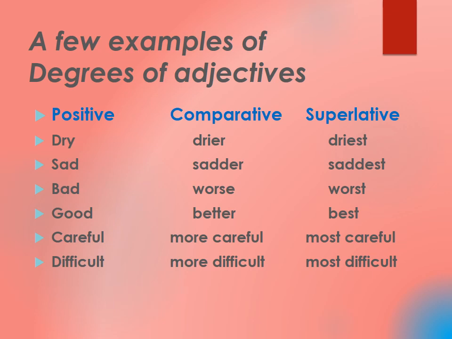Now you see a different pattern in the formation of degrees of comparison. Some degrees are made just by adding er or est at the end of the word. Some are made just by adding more and most, and the degrees which have different words are called irregular degrees of comparison, like bad, worse, worst; good, better, best.